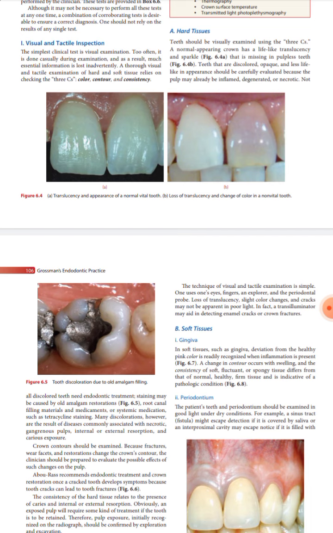Teeth should be visually examined, as a normal appearing crown has a lifelike translucency and sparkle that is missing in pulpless teeth. Teeth that are discolored, opaque, and less lifelike in appearance should be carefully evaluated because the pulp may already be inflamed, degenerated, or necrotic.